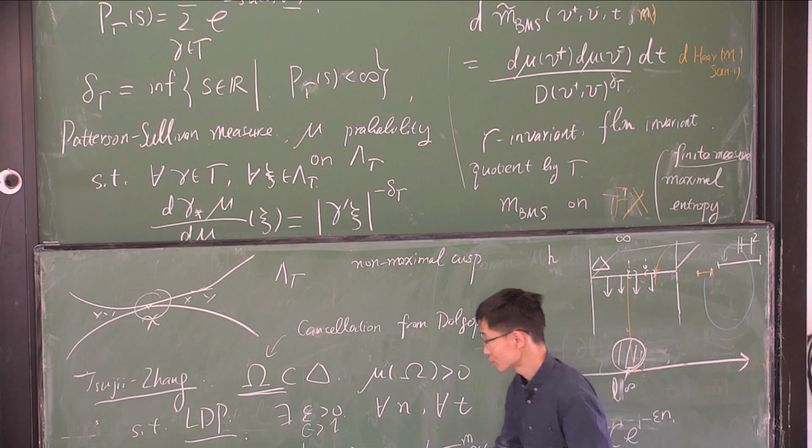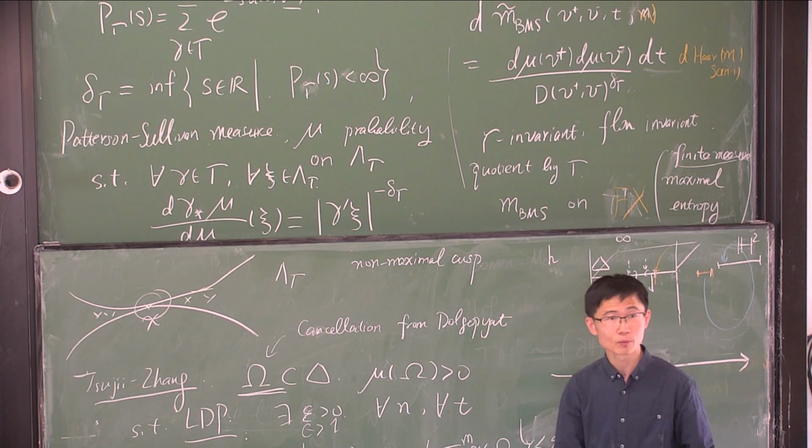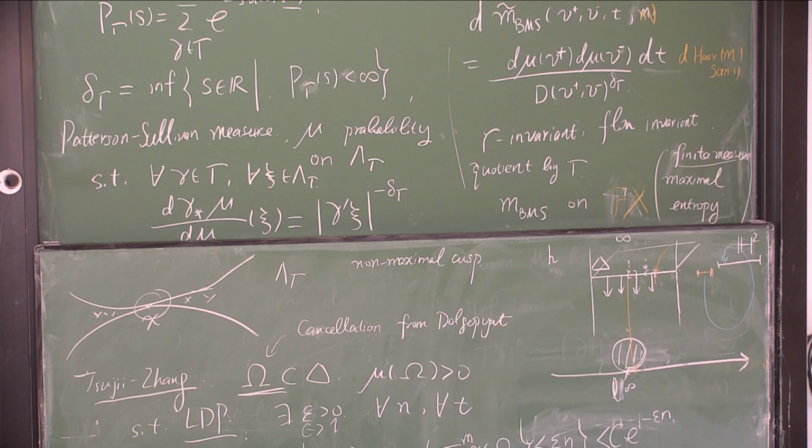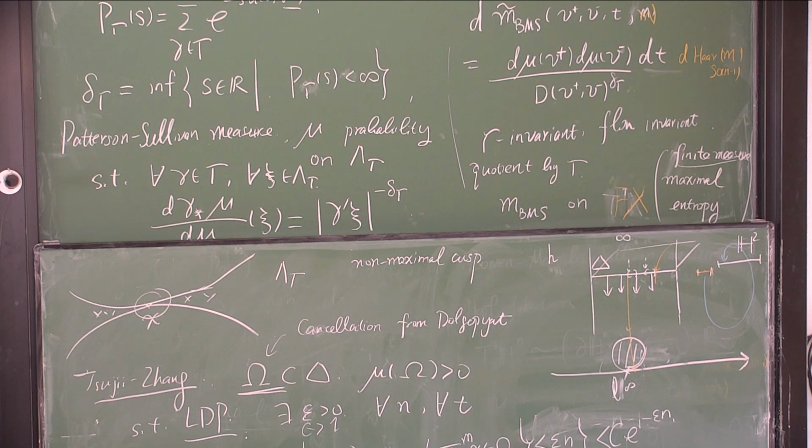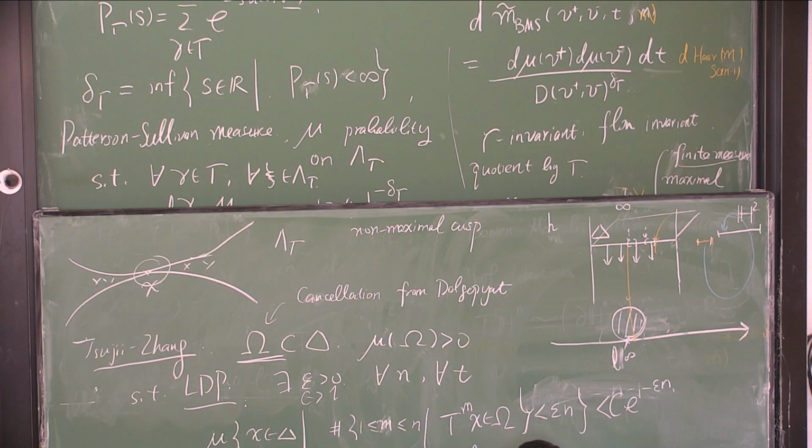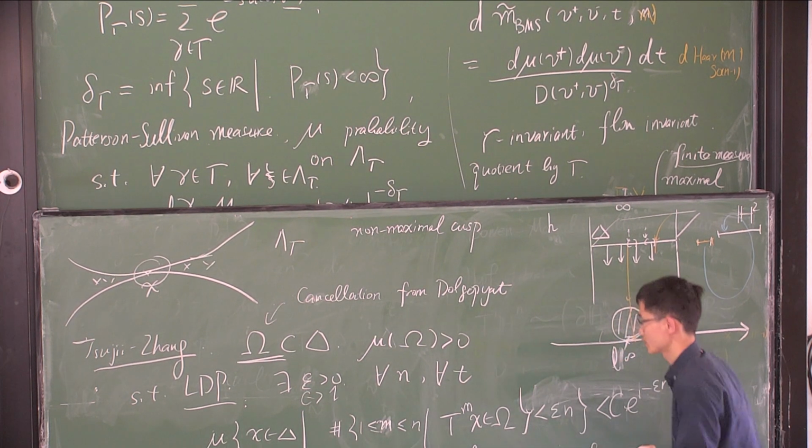And then you need to verify the large deviation property. In order to verify the large deviation property, we use some idea from random walks, called the residual waiting time, from renewal theory.